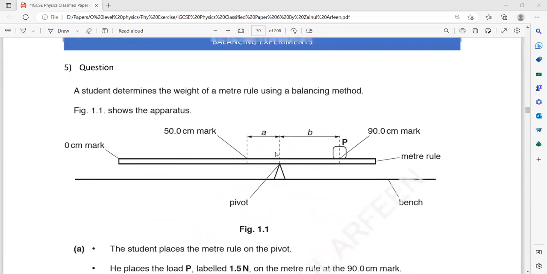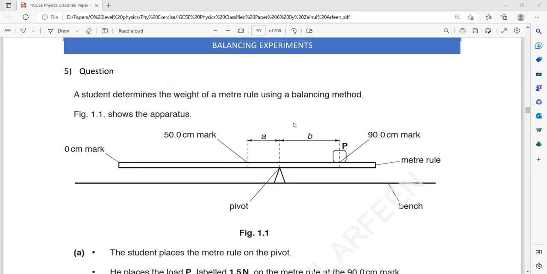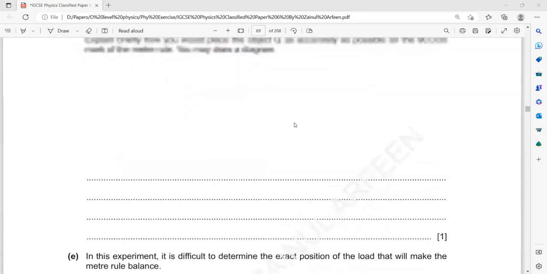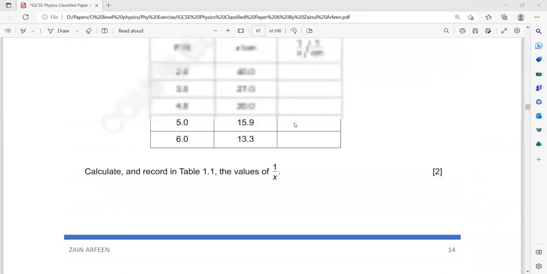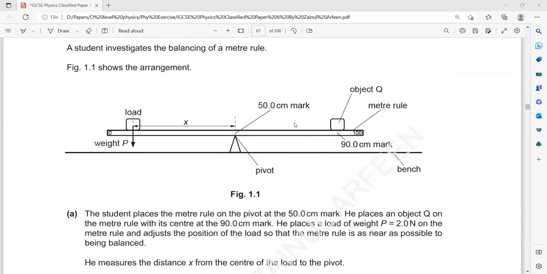Then the last question from this ATP balancing experiment, a student finding how estimation is there. Like for example, I know it's just an estimation. If I know, for example, we place a load of 2 Newton and we check first which position it is balancing.